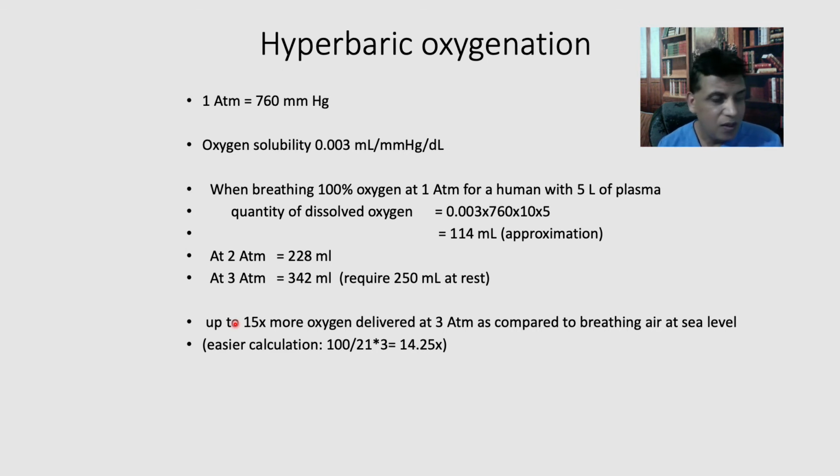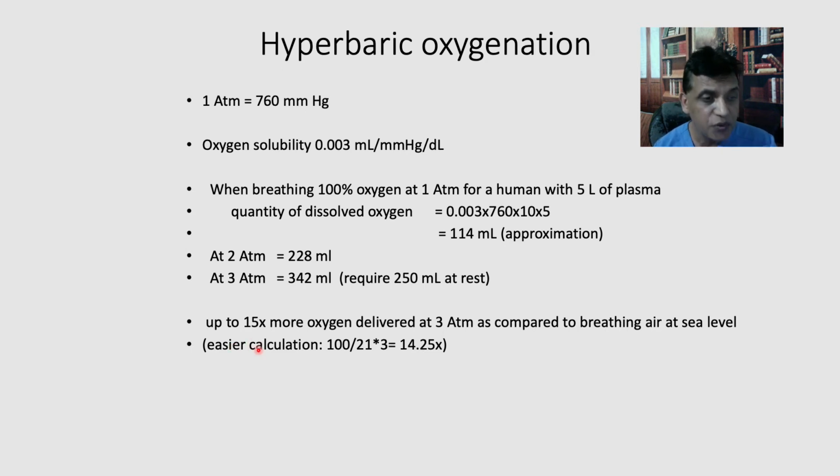Now, I did these calculations from first principles because I wanted to illustrate a point. There's an easier way to do these calculations, and here it is. So you're looking at the effect of breathing 100% oxygen at different atmospheres. So it's 100% divided by 21% because you are looking at relative to air, which is 21% oxygen, times 3.